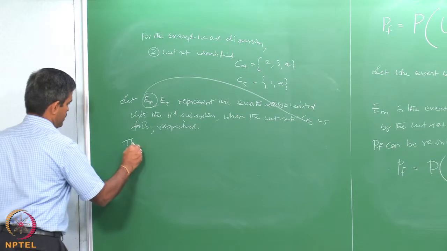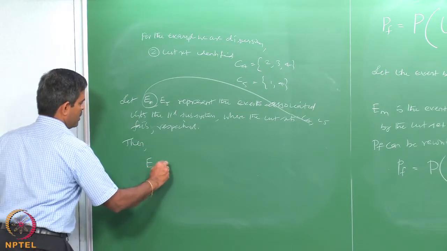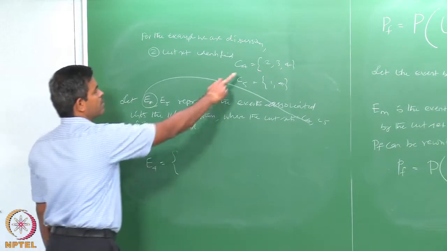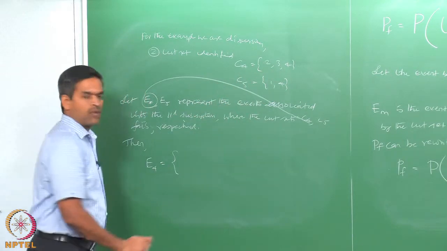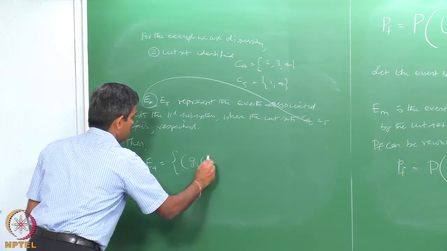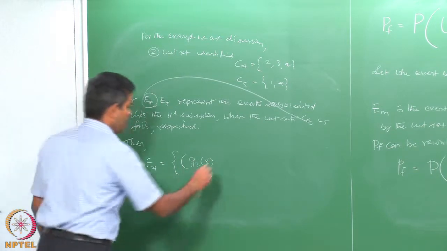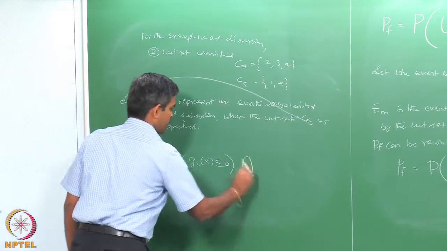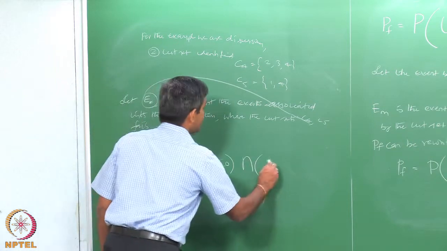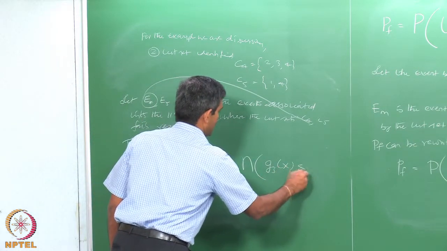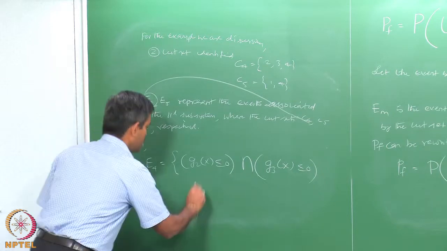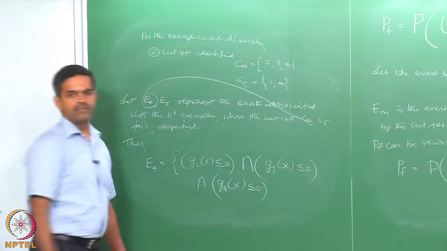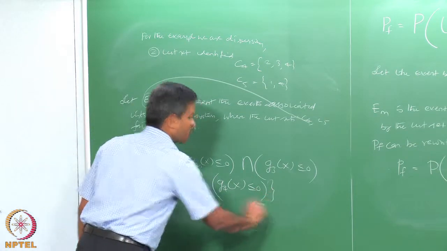Then one can say E4 is nothing but related to C4, therefore 2, 3, 4 are there. Therefore, I can say G2 of x less than or equal to 0 intersection G3 of x less than or equal to 0 intersecting G4 of x less than or equal to 0, that is going to be E4.